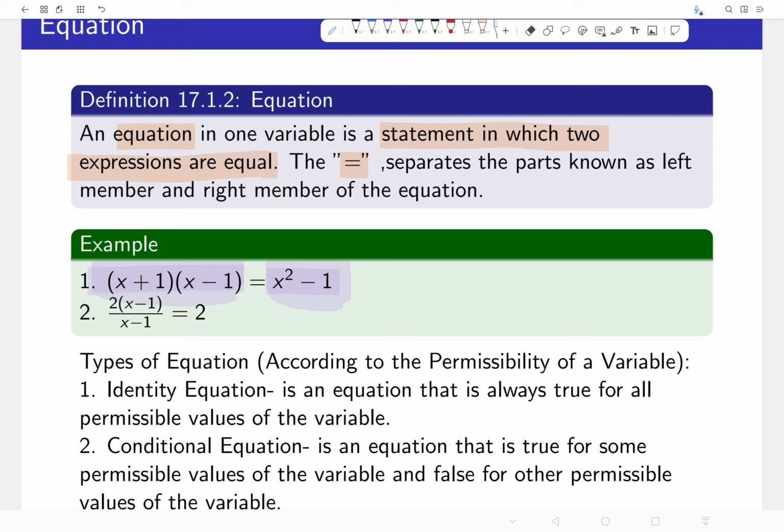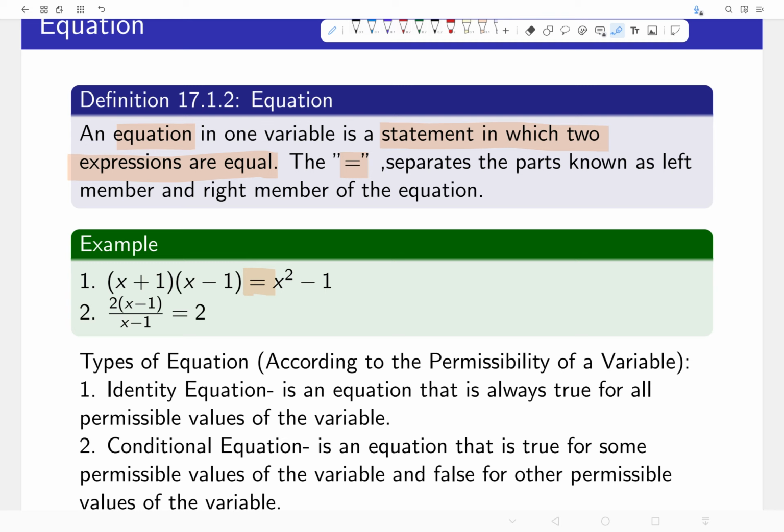Another example of an equation: as you can see, an equation always involves the equals symbol. So this equation now is actually not an expression, because an equation involves a symbol which is denoted by this, as you can see.